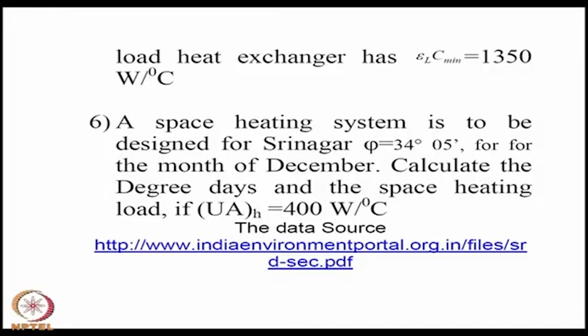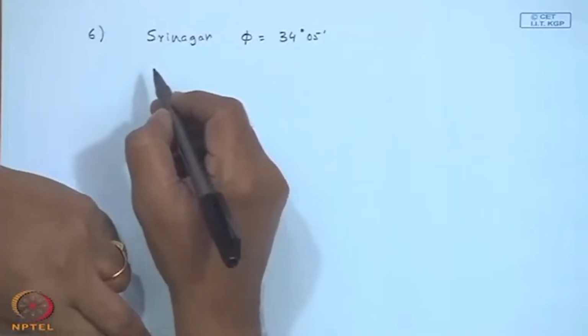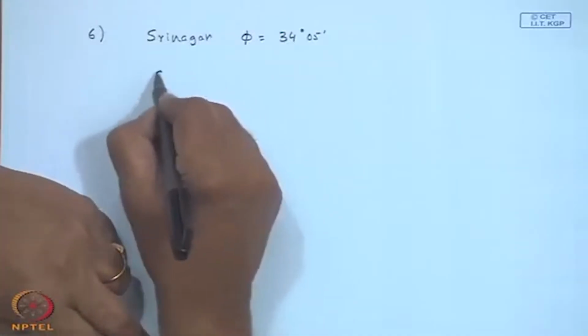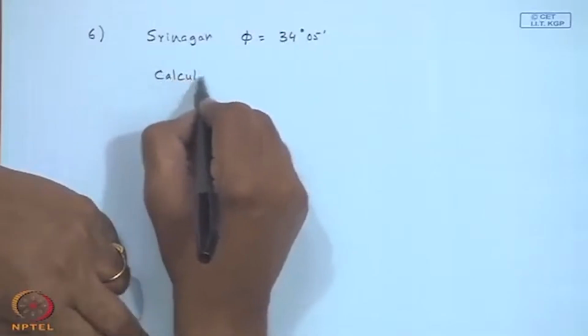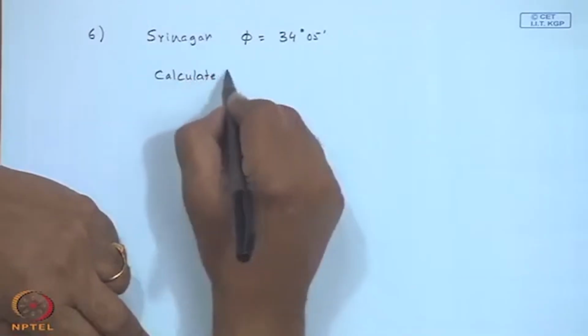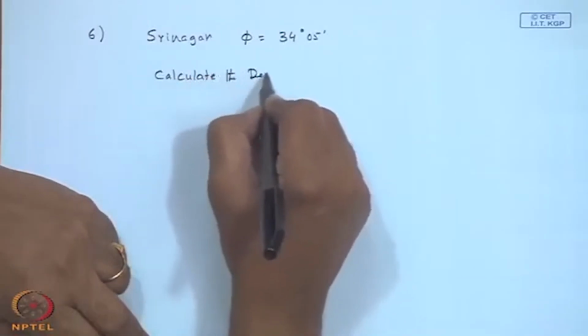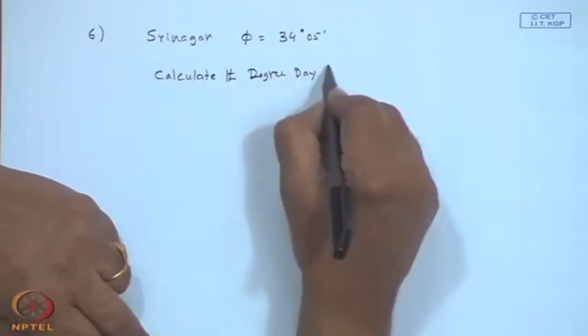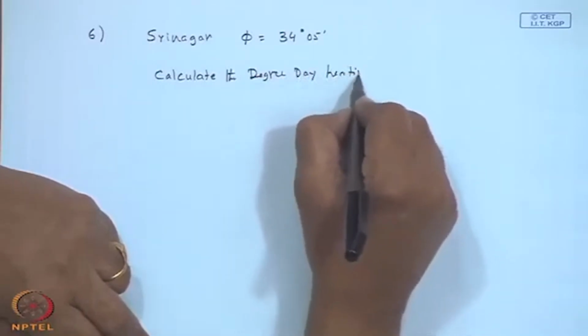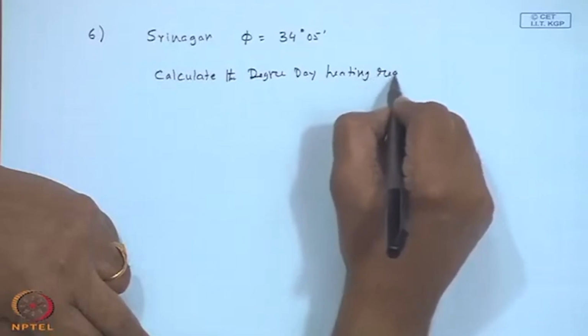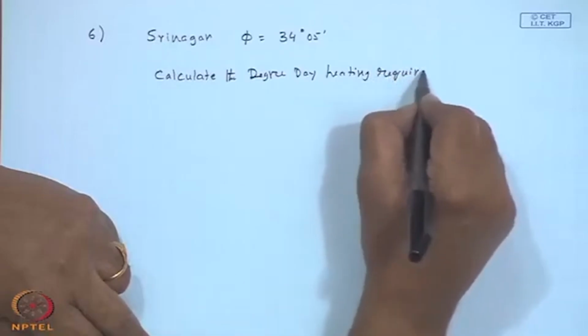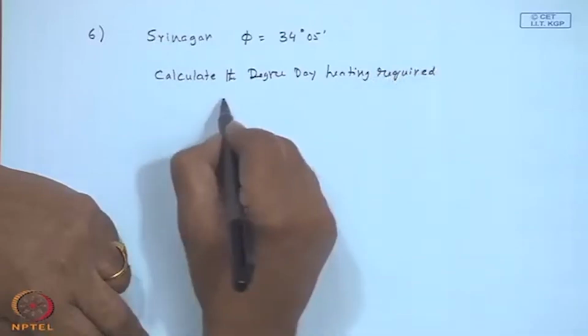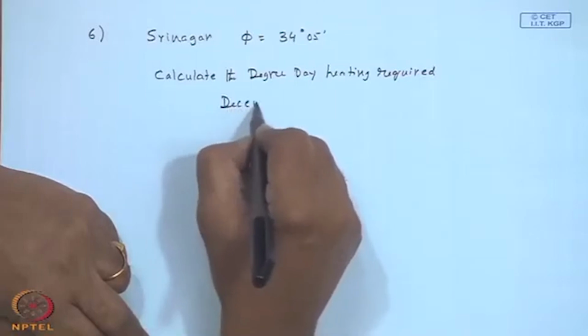First step: if degree day information is not available, calculate it if we can, for the heating required. Naturally, December, January will be the coldest, so I chose December.